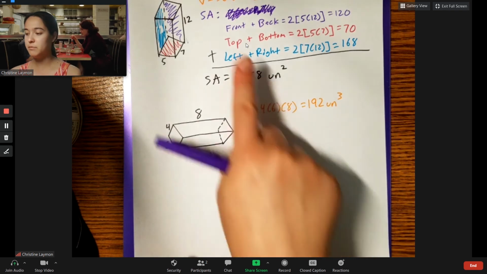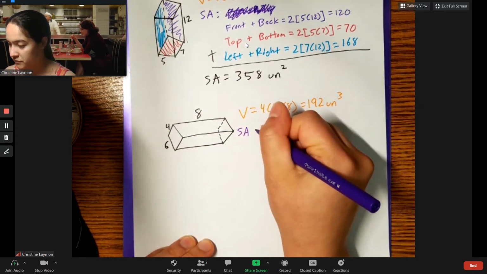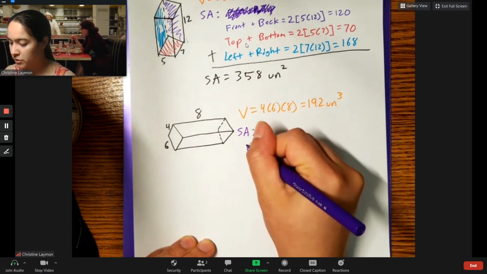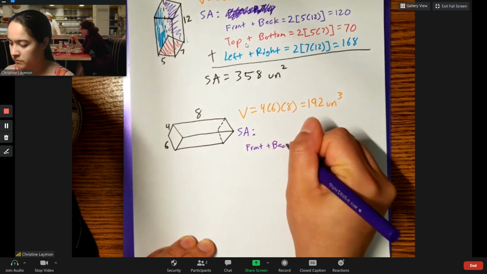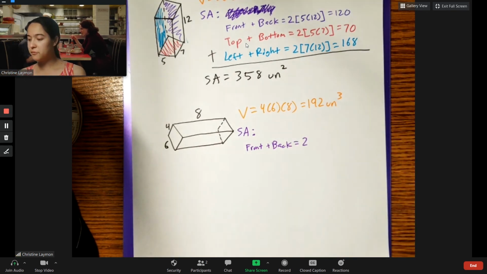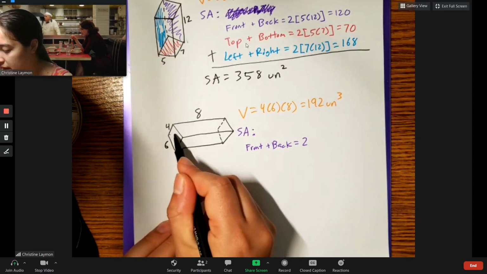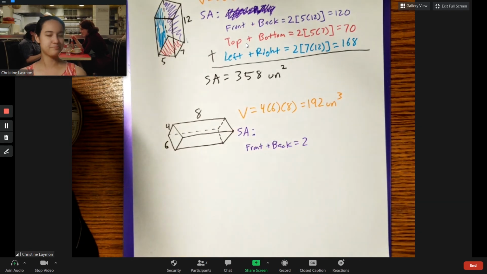Let's go ahead now and do our surface area. I'm going to use the same model we did before. So our surface area, let's start with front plus back. So front and back, again, 2 are the same. For me, I just realized I didn't actually draw the back side here. Go ahead and connect this part down the back. Now you can see how many sides you actually have.